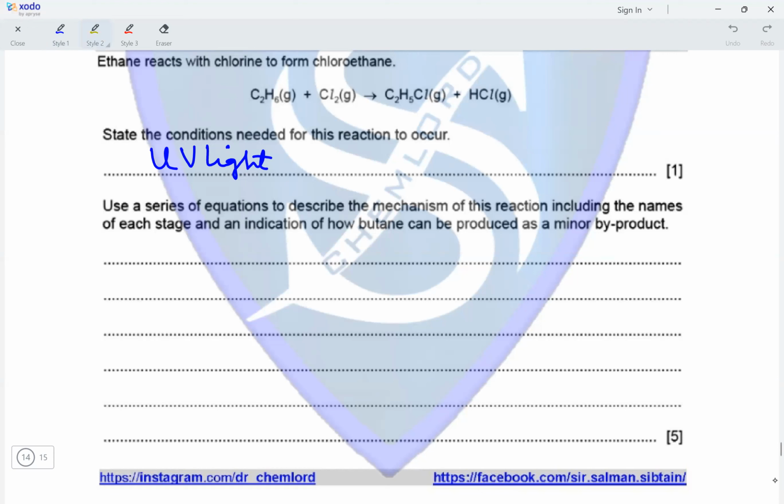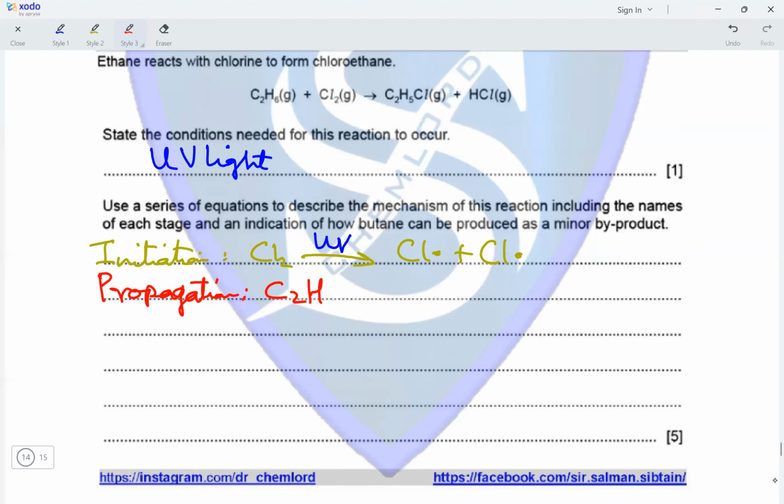So here we can start off with the initiation step, which includes a molecule of chlorine subjected to ultraviolet light and being converted into two chlorine free radicals. And availability of the chlorine free radicals begins the propagation step. The propagation step would involve C2H6 colliding with a chlorine free radical, producing a C2H5 free radical and a molecule of HCl.